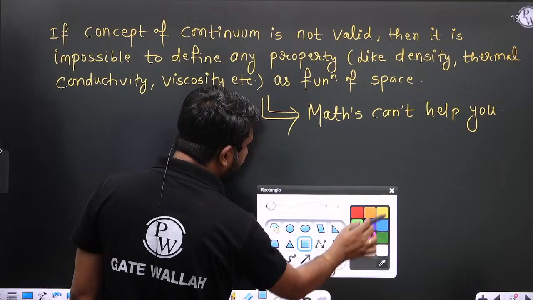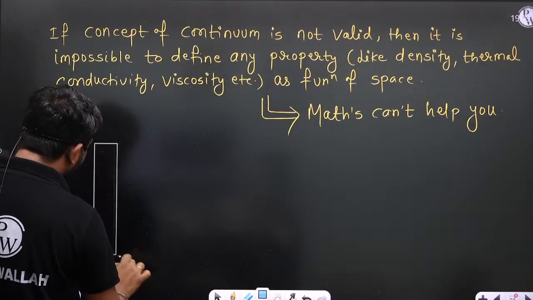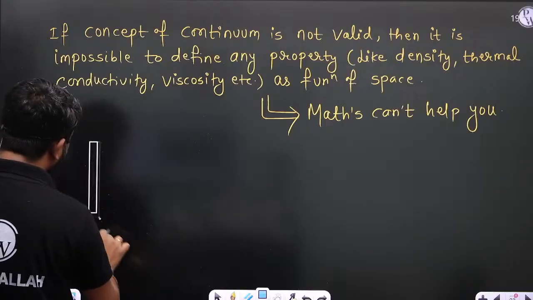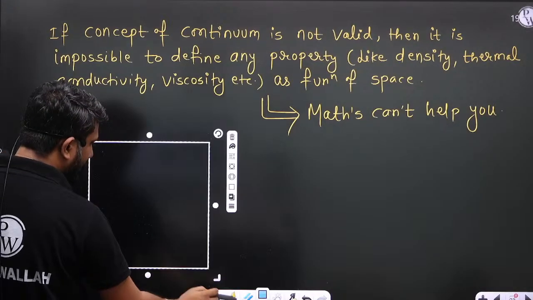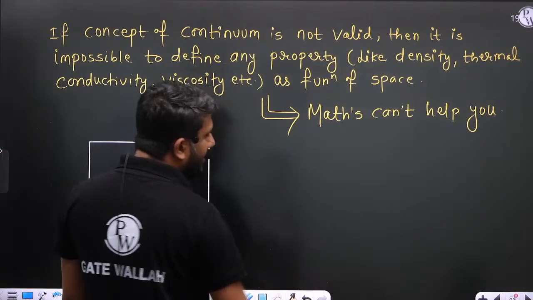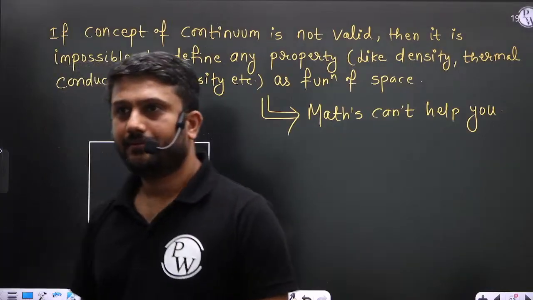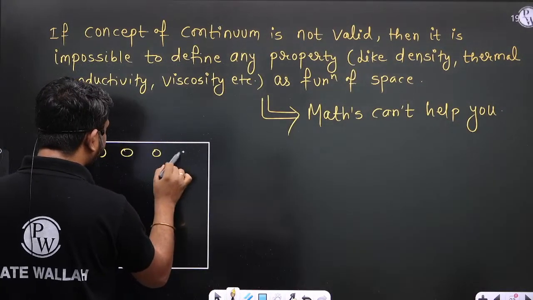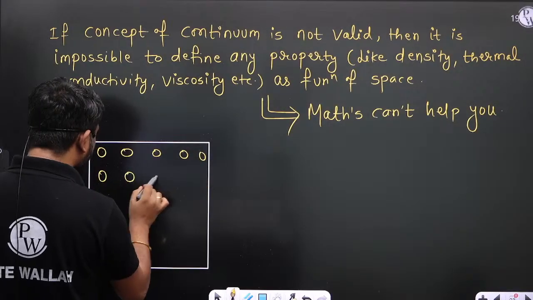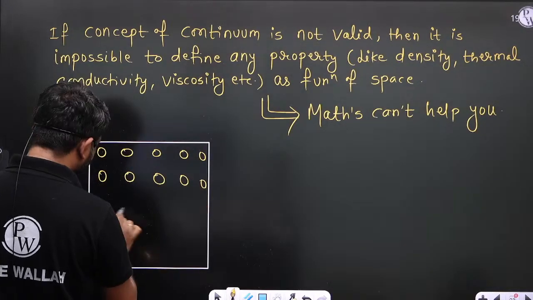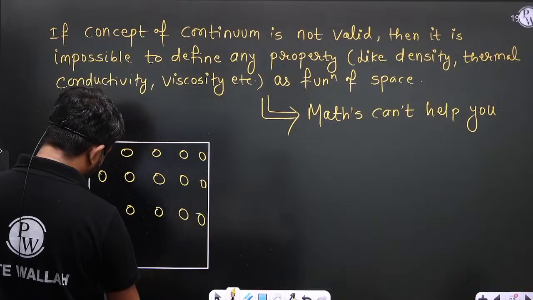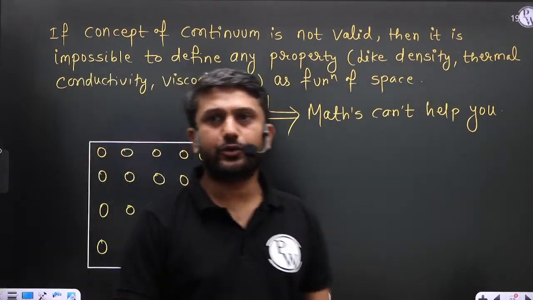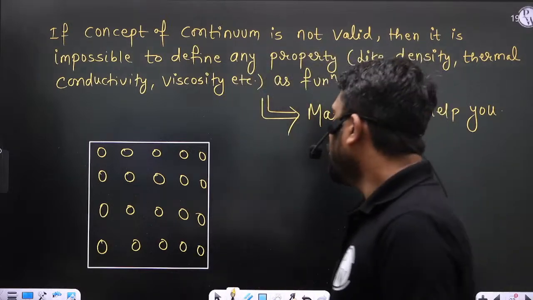Let us consider a container. This is a container, and in this container let us consider some fluid. So these are the fluid particles. Okay, now I want to define the density. So what is the density?